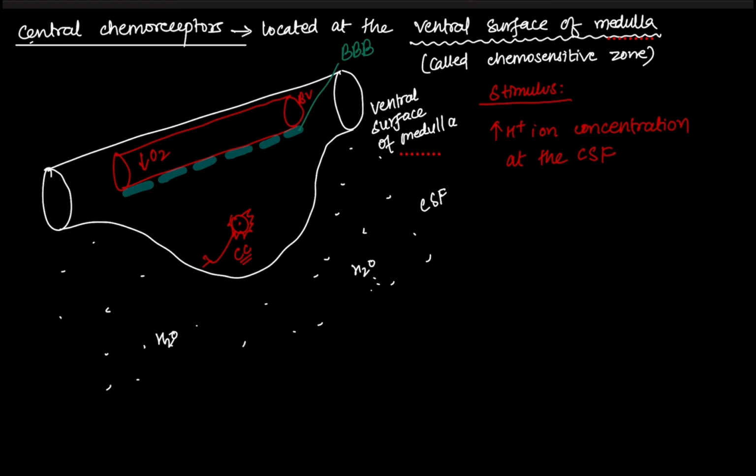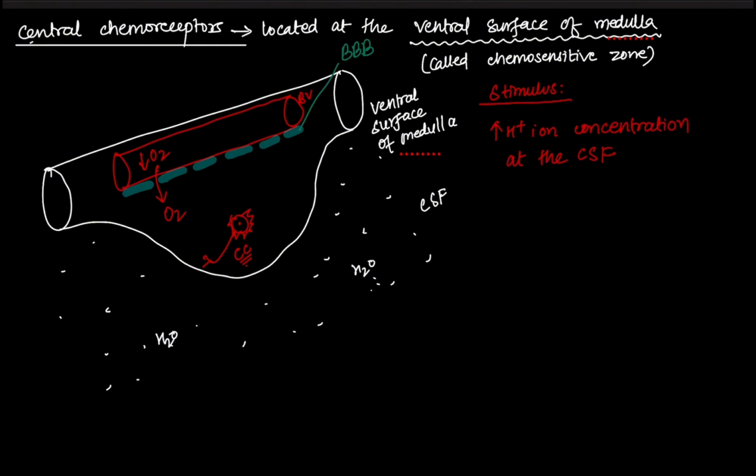Let us consider this to be the chemoreceptor. The answer is no. Will this oxygen be able to cross the blood brain barrier? The answer is yes, because oxygen and CO2 are lipid soluble gases that are freely diffusible through the lipid membranes. So oxygen will be able to diffuse through the blood brain barrier.